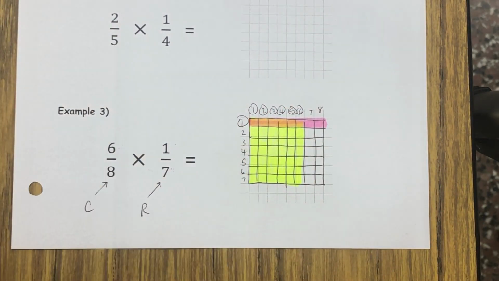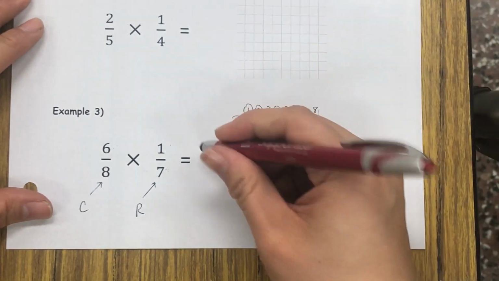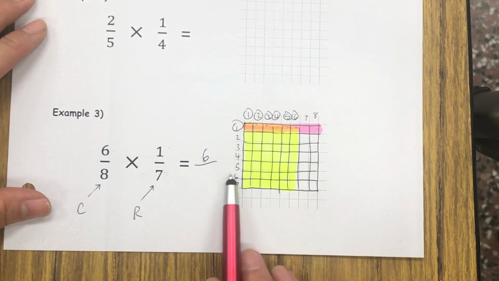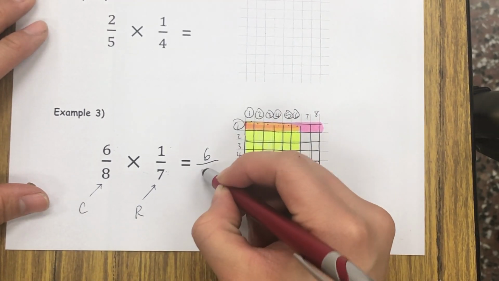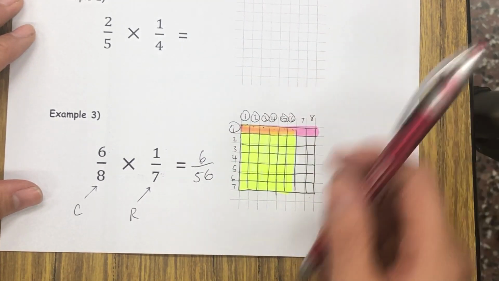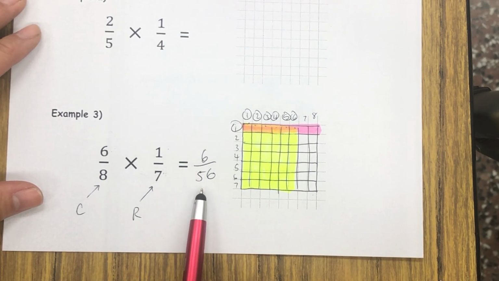Okay, so now my answer is going to be how many boxes are double shaded? 1, 2, 3, 4, 5, 6 are double shaded out of 56 total boxes. Okay, so if you counted all these boxes, you would get 56 total boxes. So 6 are shaded out of 56.